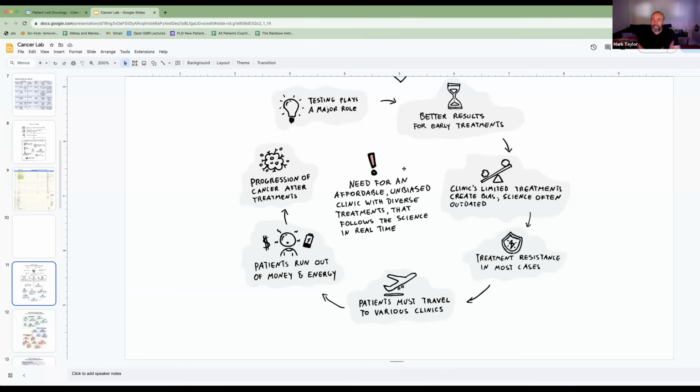And because of this resistance issue and this bias issue, there was a need for a clinic that would have all these options available and give an unbiased view of what treatments were offered. As the tests that were done would suggest what was useful, you'd move on to that treatment, and as resistance came, you'd move on to another treatment.